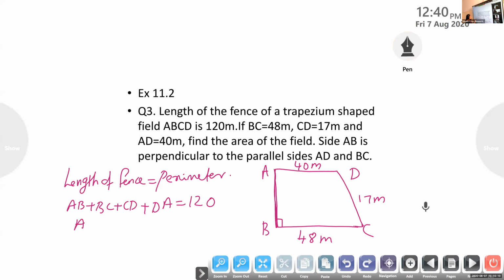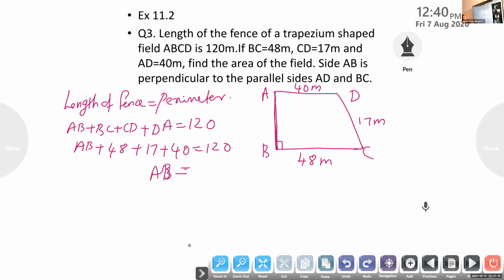And AB we don't know. So BC is 48 plus 17 plus 40. So you find AB equal to what? AB equal to? Find out.